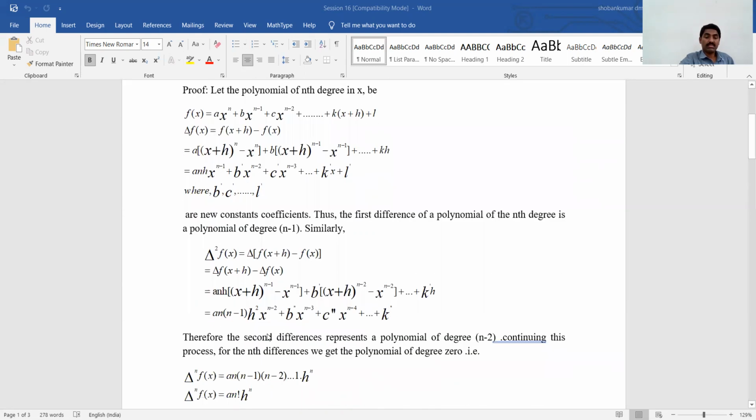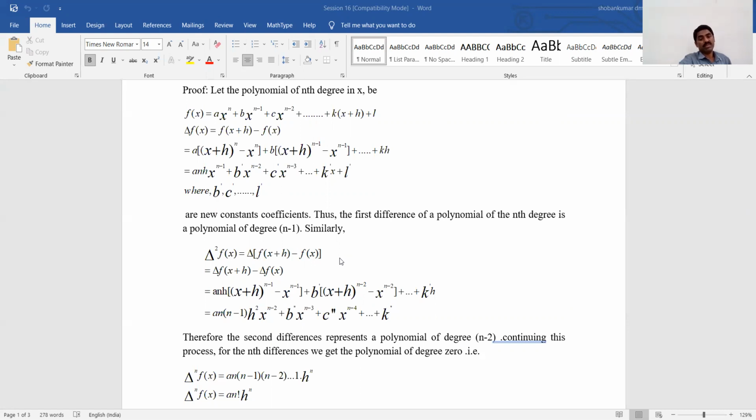Similarly, delta square f of x is equal to delta of f of x plus h minus f of x. Again applying delta on f of x plus h, it becomes f of x plus 2h minus f of x plus h, minus delta f of x, which is minus f of x plus h plus f of x.